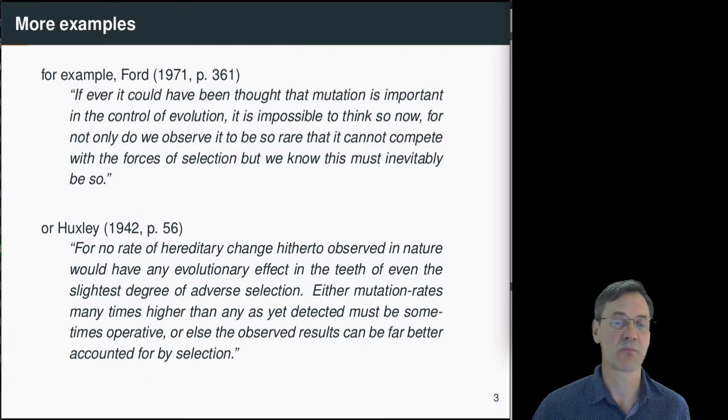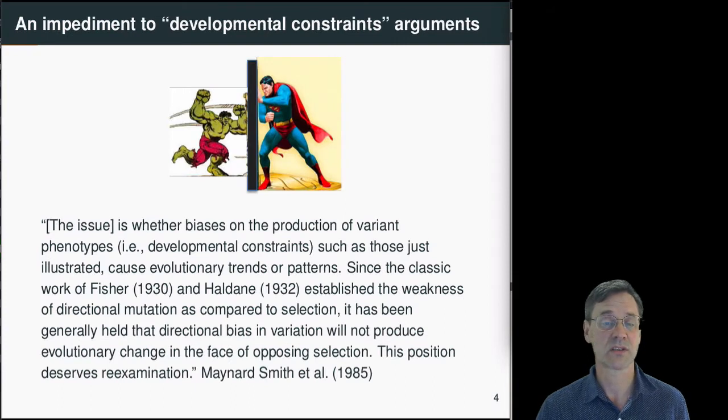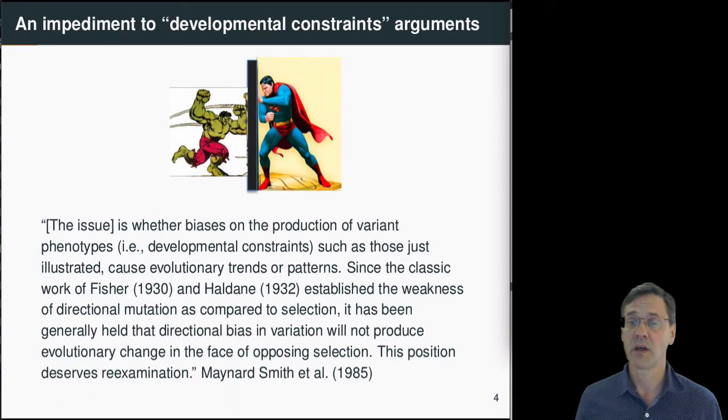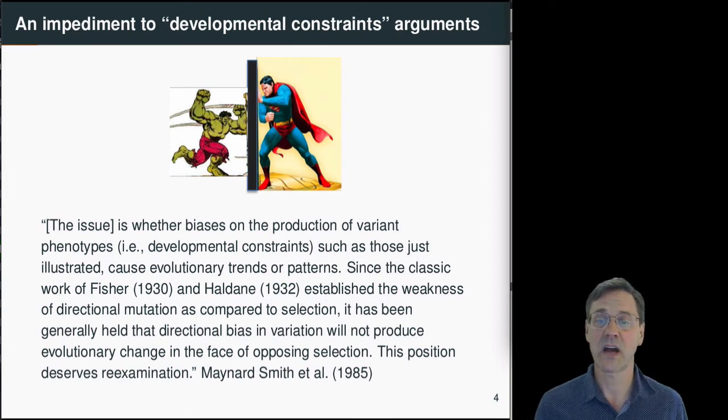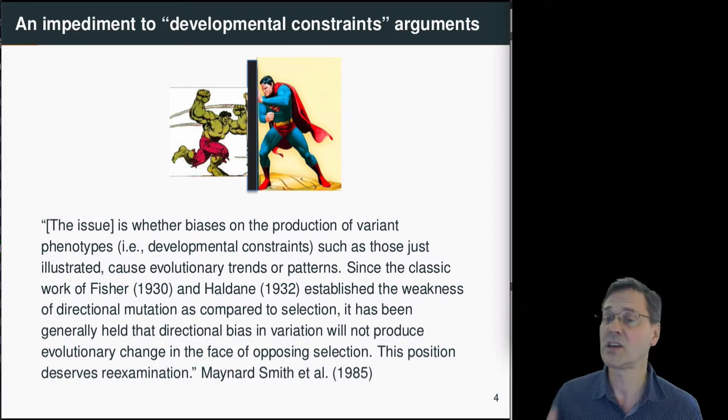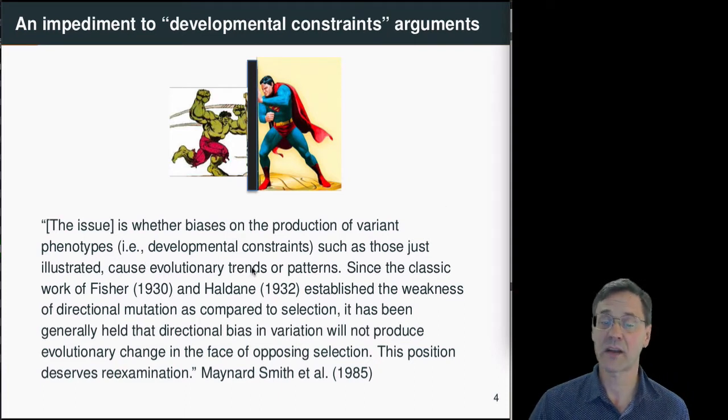So here are some examples that show the influence of Fisher. And this Haldane-Fisher argument continued to be influential in debates among evolutionary biologists. For instance, in the seminal Developmental Constraints Review by Maynard Smith and colleagues in 1985, the authors raised the issue of whether developmental constraints cause evolutionary trends or patterns, and then brought up the Haldane-Fisher argument as an impediment to this possibility.